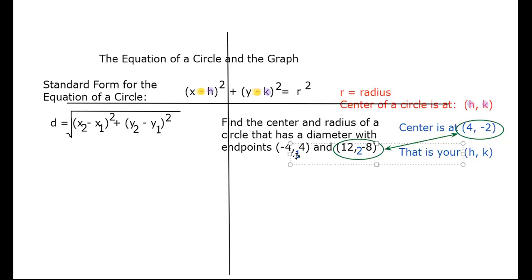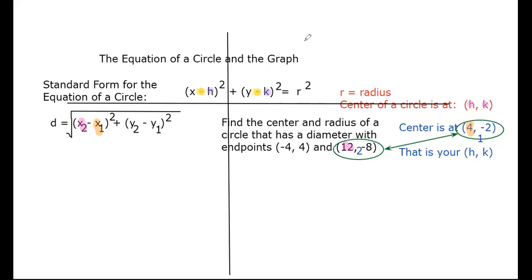So I'm going to leave the 12, -8 as point number 2, and I'm going to use the other one as point number 1. I'm going to label it X2. That's the X coordinate of point number 2. This is just like we did when we did slope. X2 is 12. X1 is the X coordinate of point number 1.